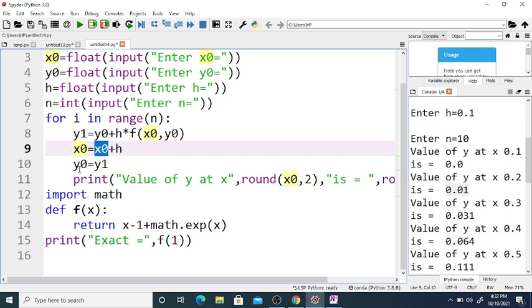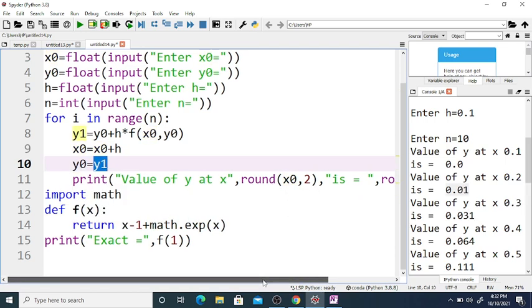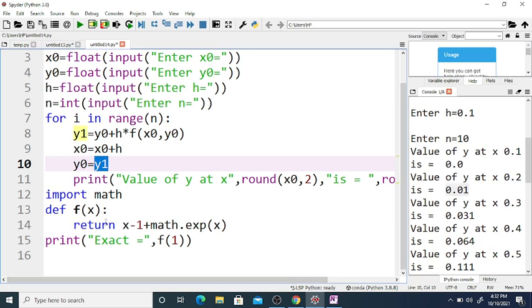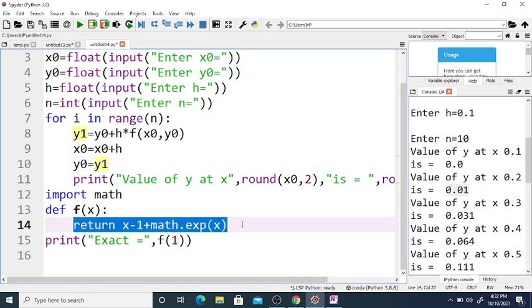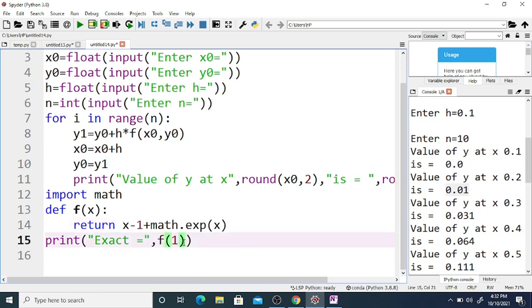For the next iteration y0 will be y1, and then we print here x0 and y0. Next, by using this formula we calculate the exact solution of the given differential equation. Then this is the exact value of f of 1.